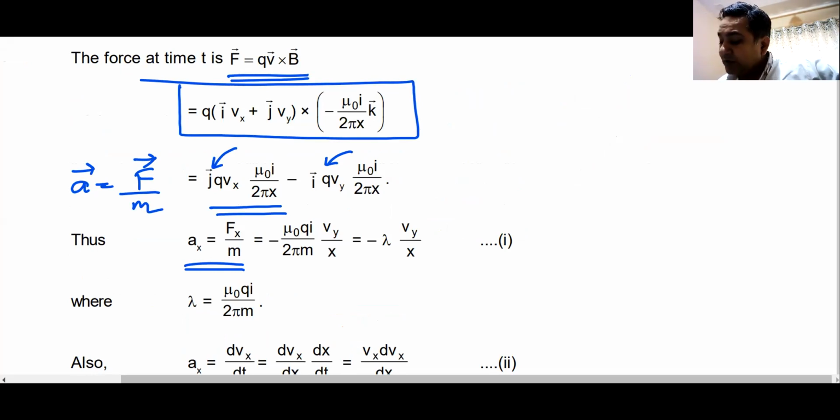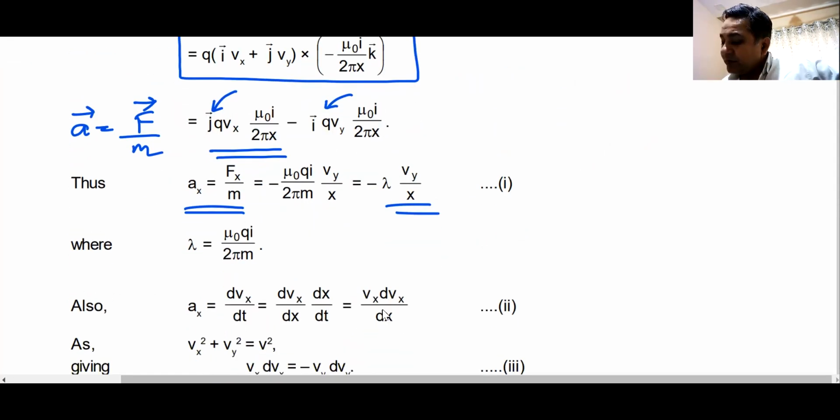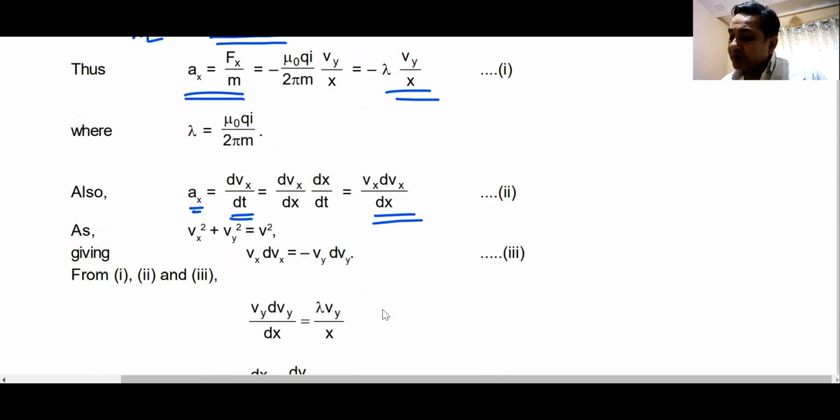Yes, sir. So they found out ax. Ax is dvx by dt, so they have written it as vx into dvx by dx. Yes or no? Yes, sir. Then vx square plus vy square has to be v square because the magnitude of velocity does not change. Yes or no? So they found out the value of vx dvx in terms of vy dvy.